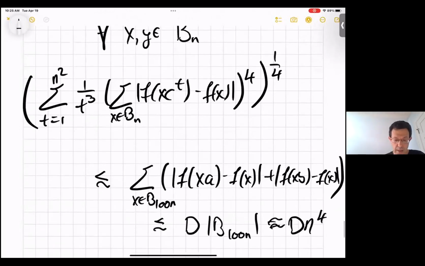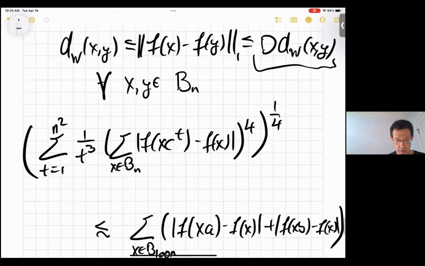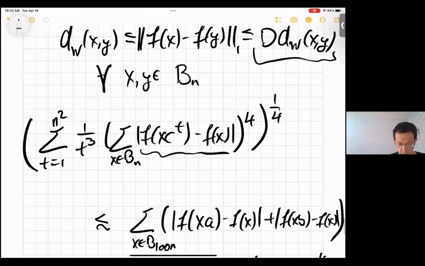At the same time, if I look at the lower bound, the word distance between x and x when you add the t to the z coordinate is root of t. This is this commutator relation. So each element here is at least root of t, up to a constant.